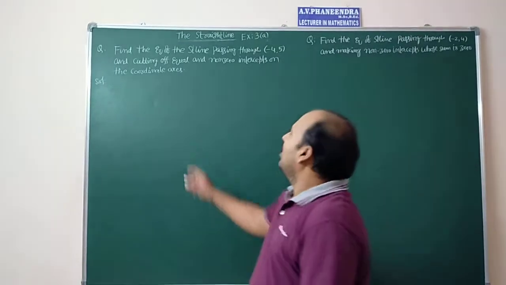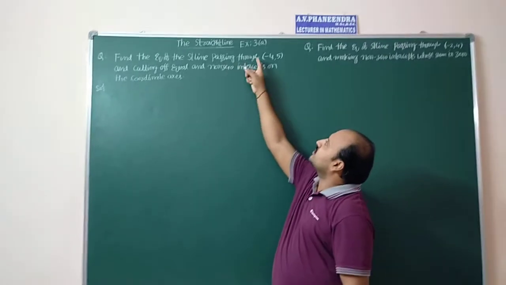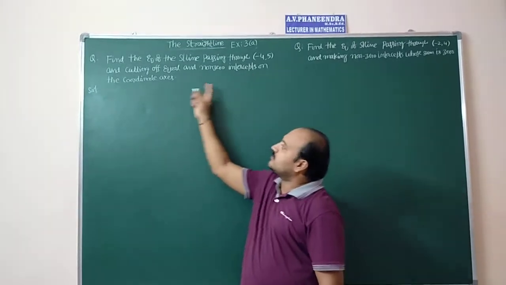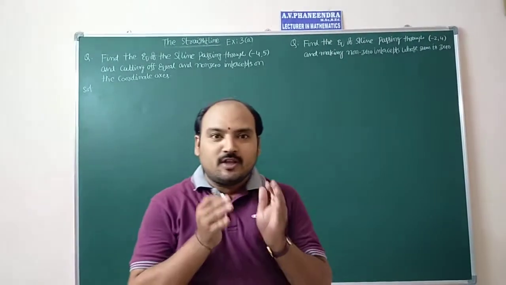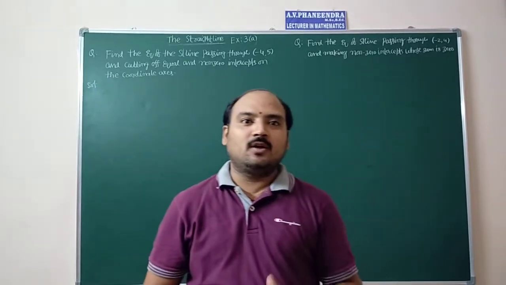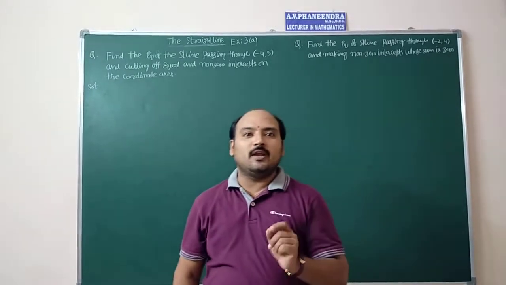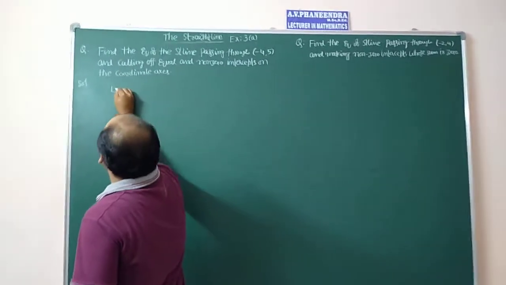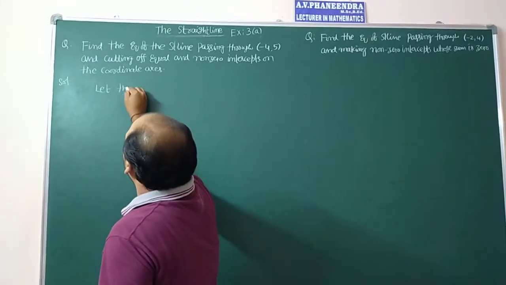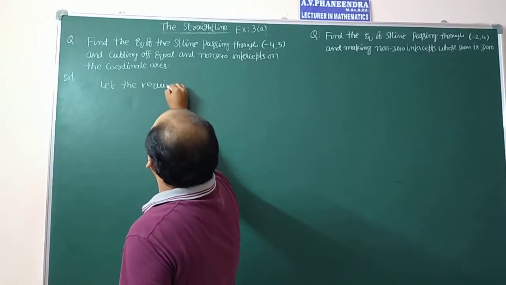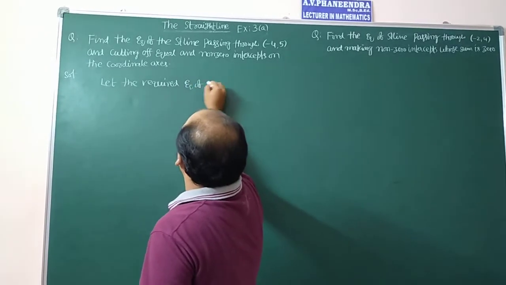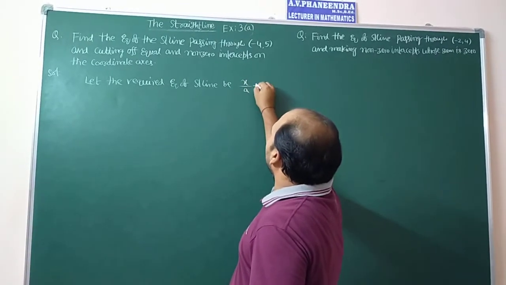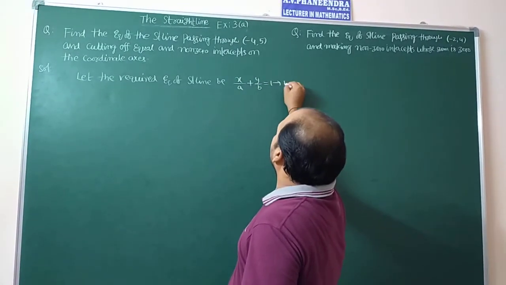Next question. Find the equation of the straight line passing through minus 4, 5 and cutting off equal and non-zero intercepts on the coordinate axes. Whenever intercepts are given in the question, the required equation of straight line is x by a plus y by b equal to 1. Let the required equation of straight line be x by a plus y by b equal to 1.